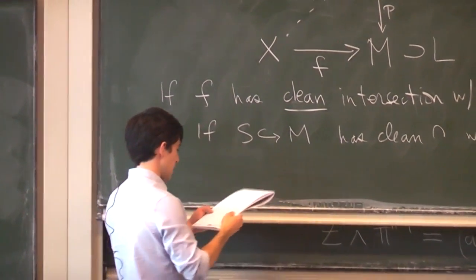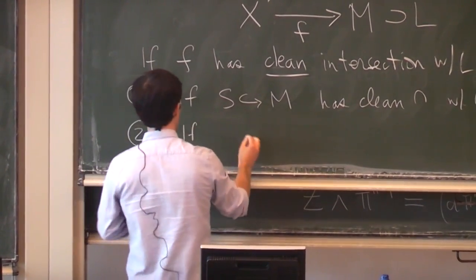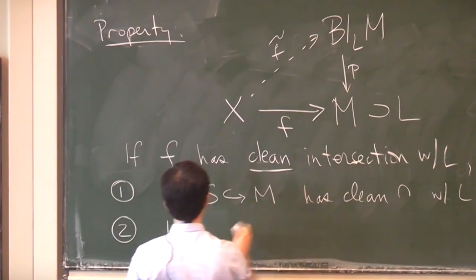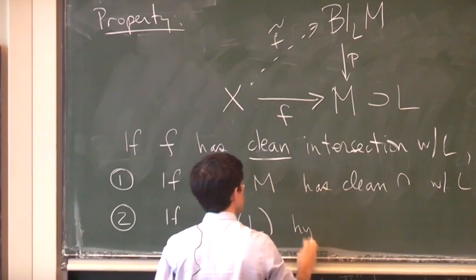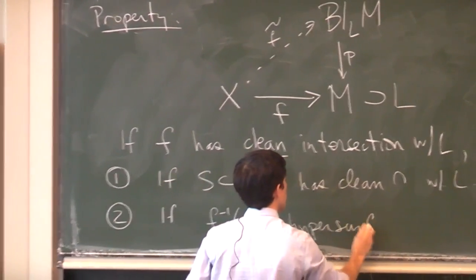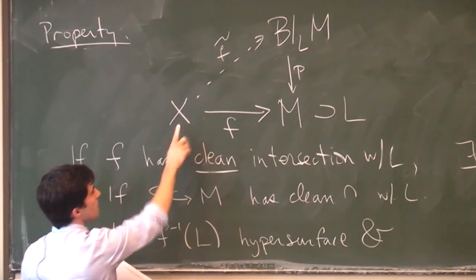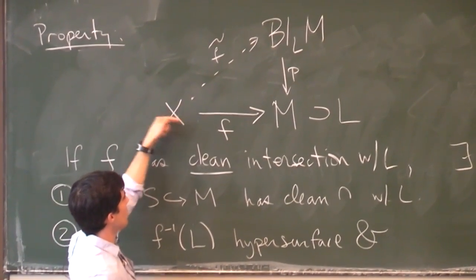Then something a little bit better is that if we take this map F and we check that the pre-image of L is a hypersurface inside X, then you could think about how F behaves normal to that hypersurface.